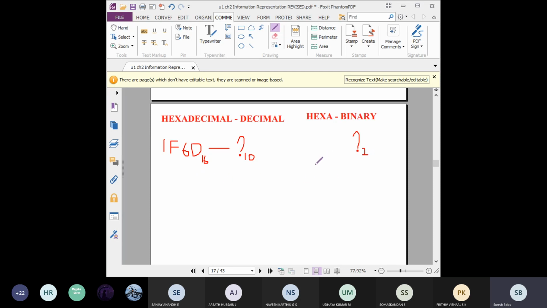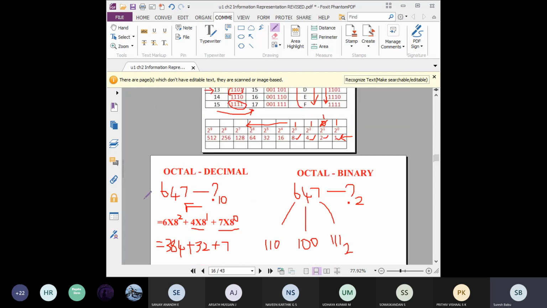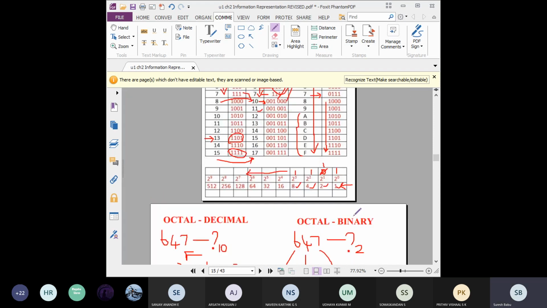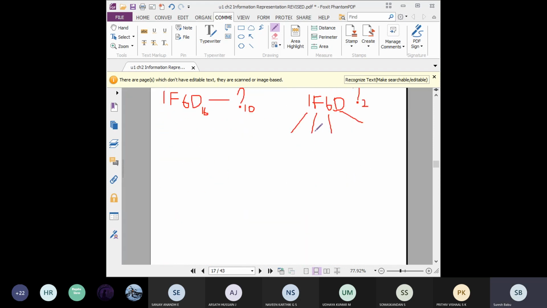Binary, I already told you, is very easy. 1F6D is the hexadecimal number. You have to get the binary for all four digits individually and combine everything. Just look at the tabular column. F, what is the value? All 1s, 4 digits you have to make. For 1, you can simply make it 0001.